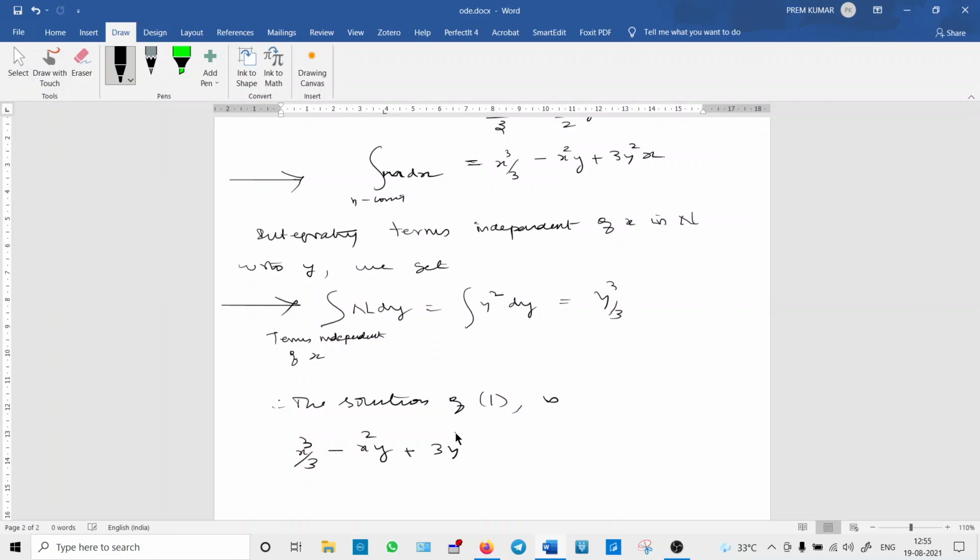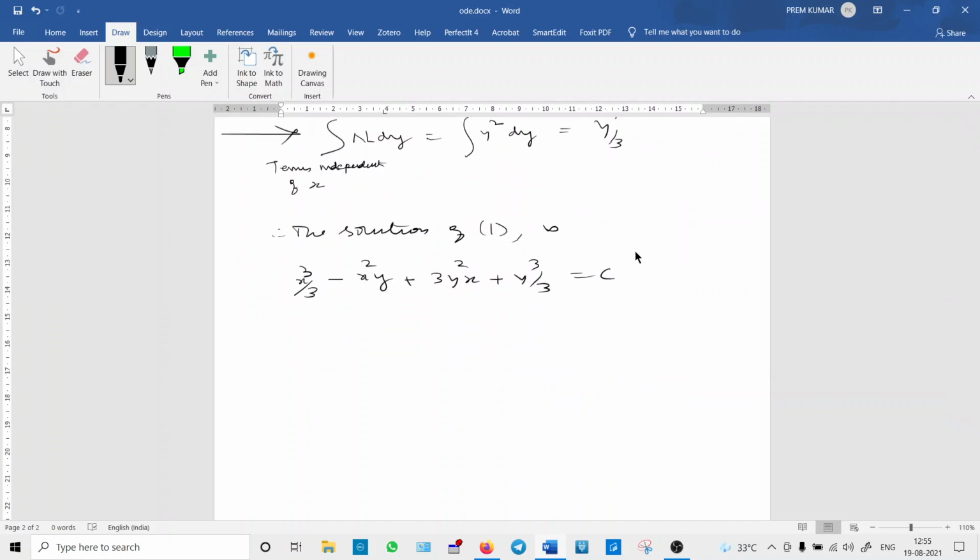Plus 3y square x plus y cube by 3 equals some constant. That's all. If you want, you can simplify this further: multiply by 3 throughout, taking the LCM, to get x cube minus 3x square y plus 9 y square x plus y cube equals 3 into the constant, which I name as a new constant. So this is the required solution.